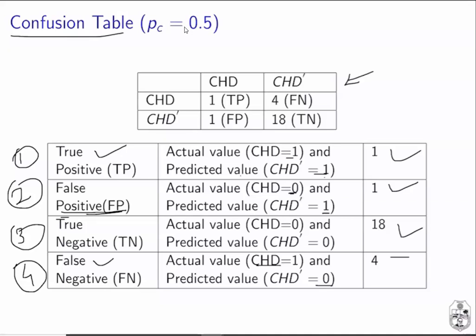In this confusion table, CHD stands for 1, this is the actual value and this is the predicted value.